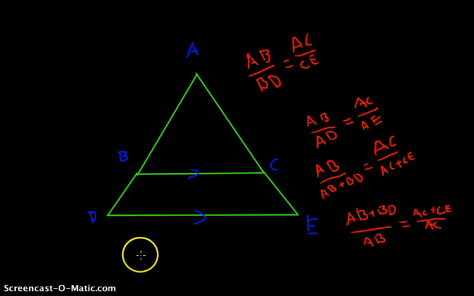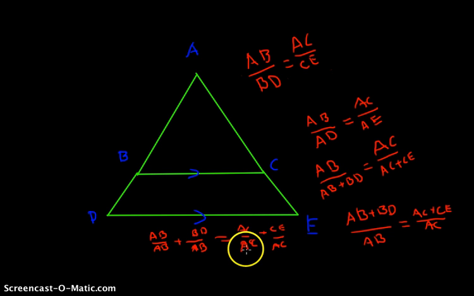Now you can break up, so you have AB over AB plus BD over AB equals AC over AC plus CE over AC.